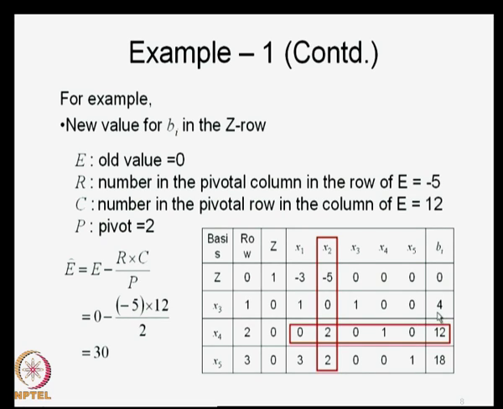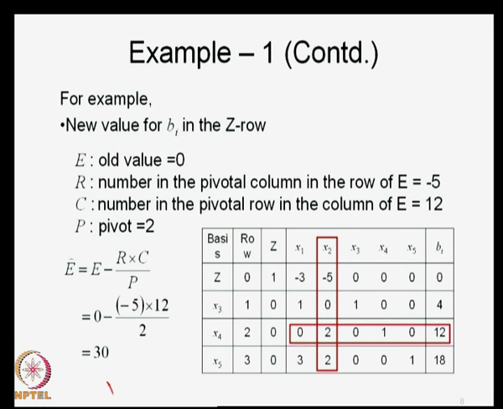So, like this, convert each of these numbers. Up to the Z row and the Z column you do not touch. Now, all of these coefficients, including the Bi coefficients, you convert using this simple expression. Let us say you want to convert this number 18, let me write that.